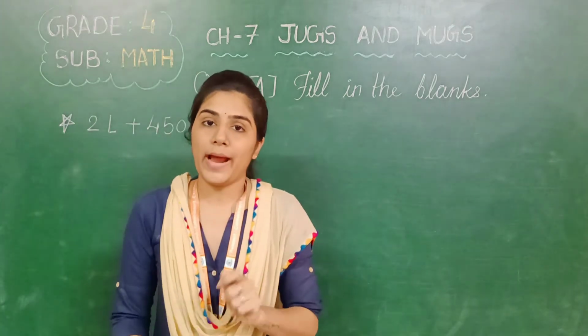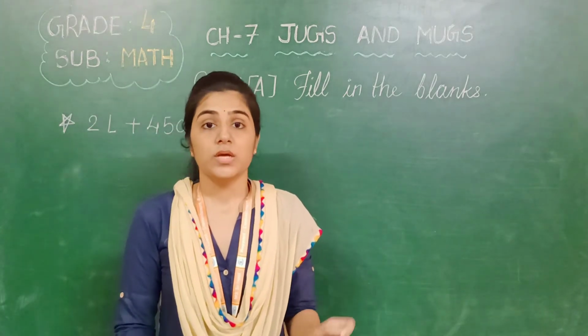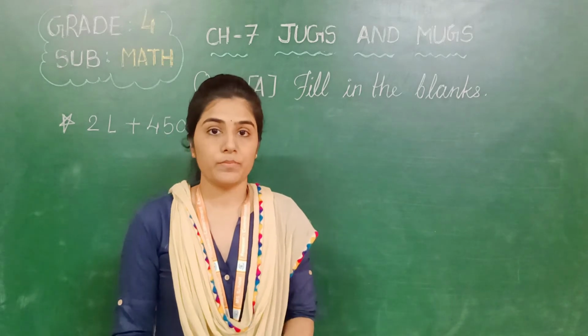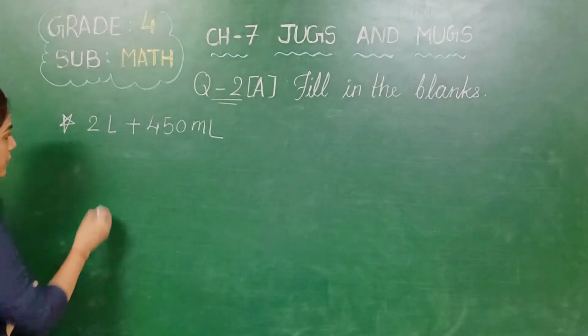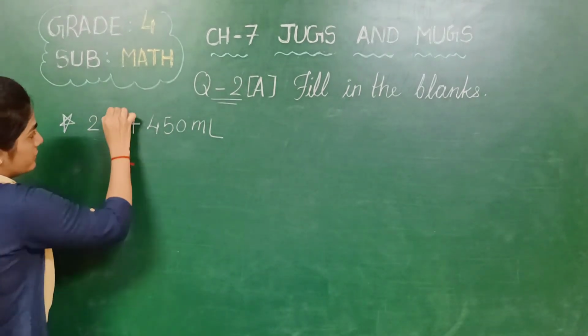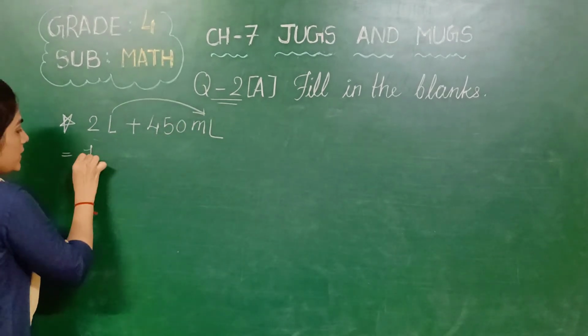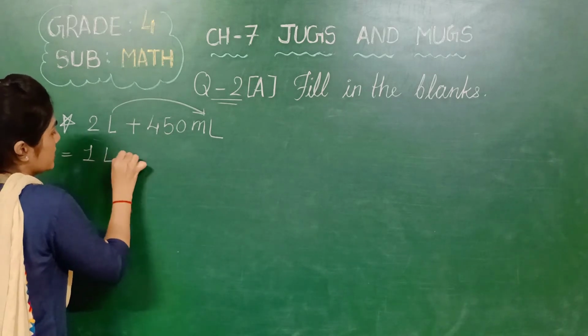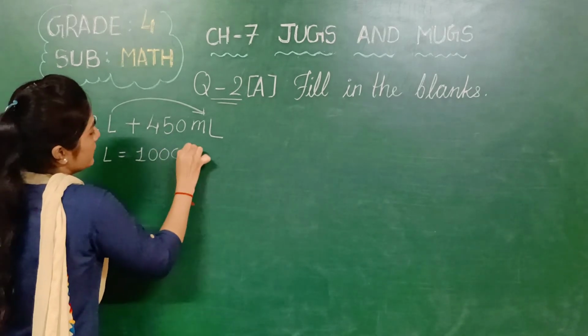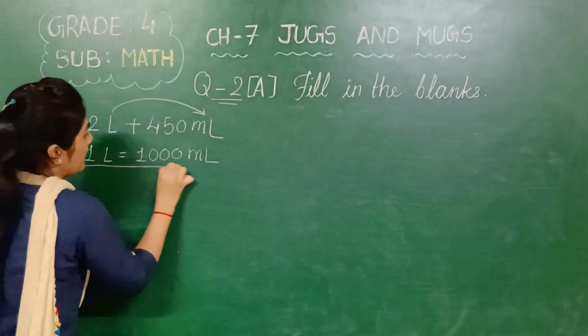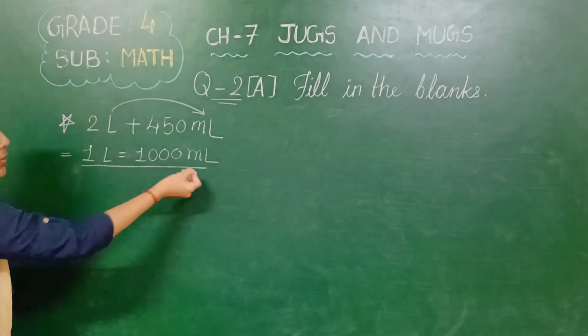To do addition and subtraction sums, the units should be the same, but these are different. So first of all, we convert this liter unit into milliliter. As per the formula, 1 liter is equal to 1000 milliliter. We have to convert this 2 liter into milliliter.